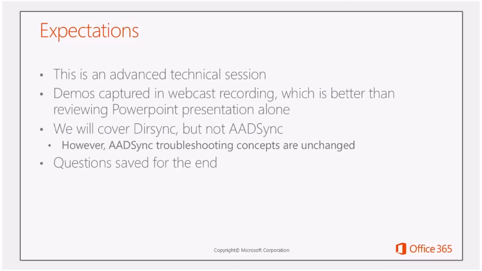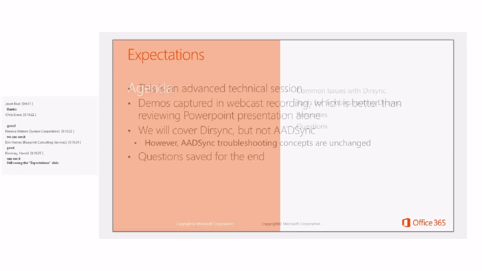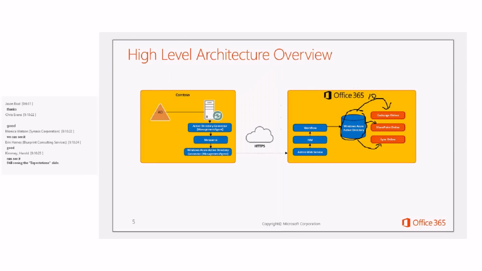All right. So what happens if we get rid of the offending object? If we delete it from the on-premises organization, in the cloud the object does not truly get deleted. That contractor Bob object will appear in the deleted objects container in Azure Active Directory.